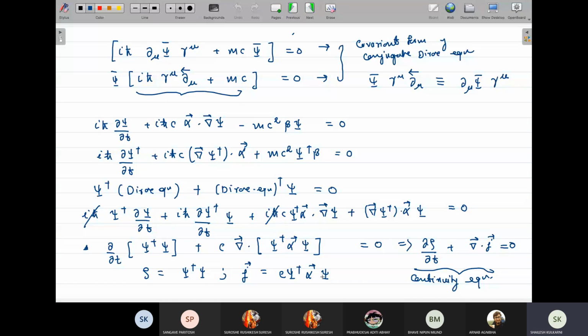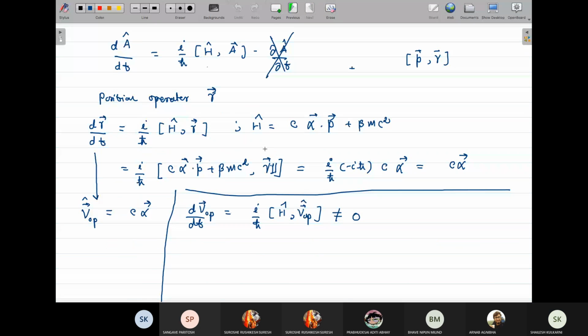But don't extrapolate too much on this. Anyway, you just calculate this bracket.